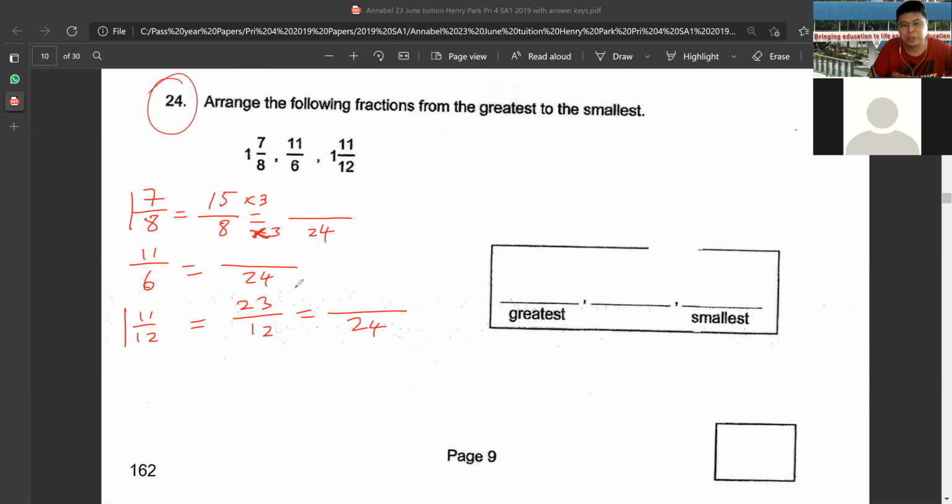What is 15 times 3? 15 times 3 is 45. Okay, then how about here?